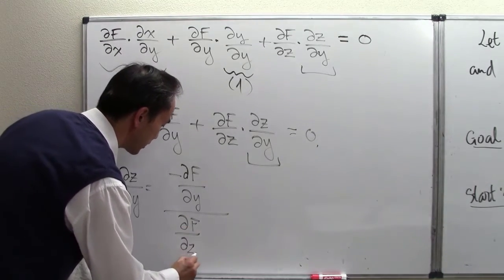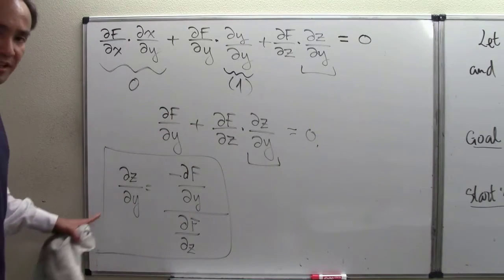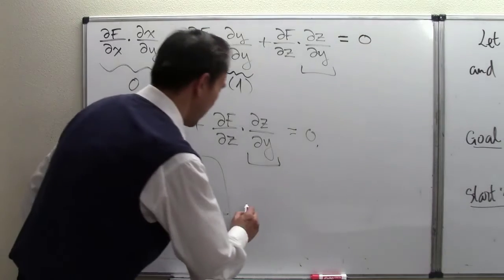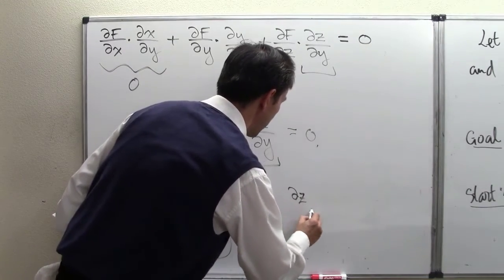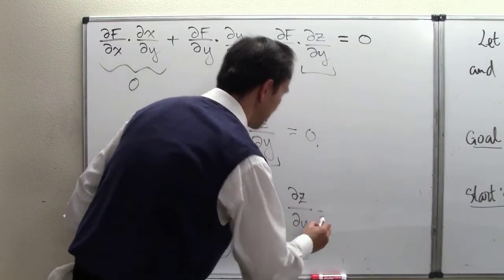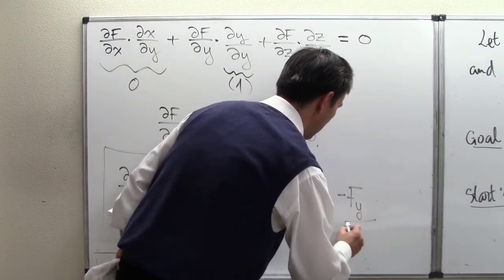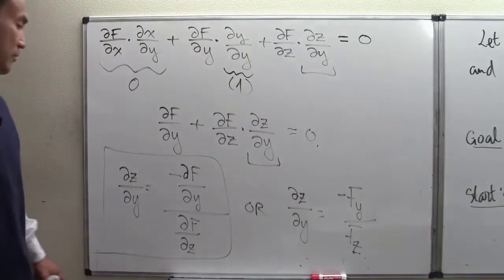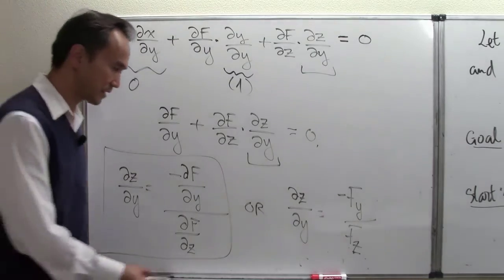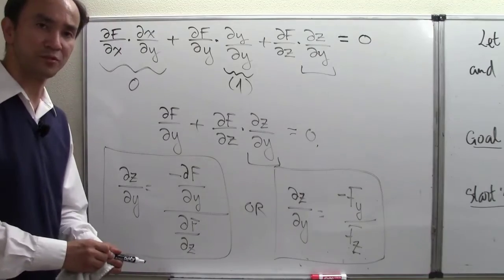All right, that's a formula for finding dz dy. Or in a shorter version, the partial derivative of z with respect to y equals minus Fy over Fz. Okay? Two versions, whichever version you prefer to work with, to write with.